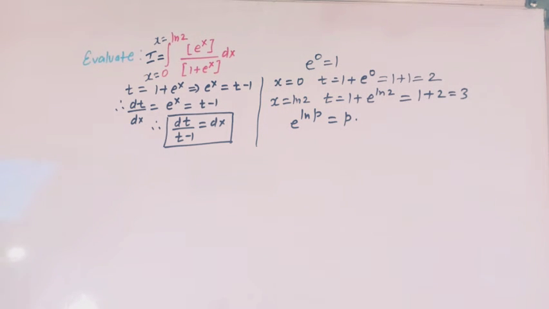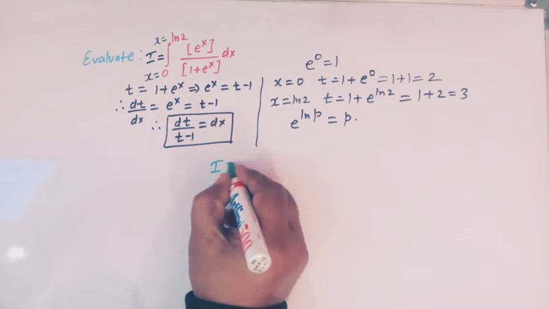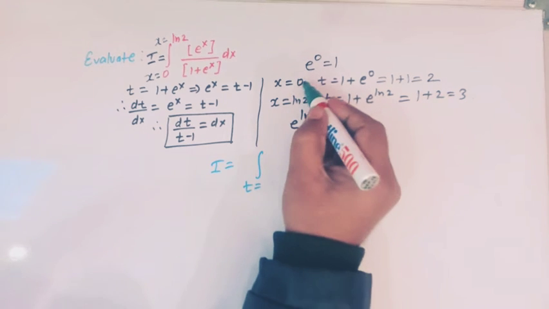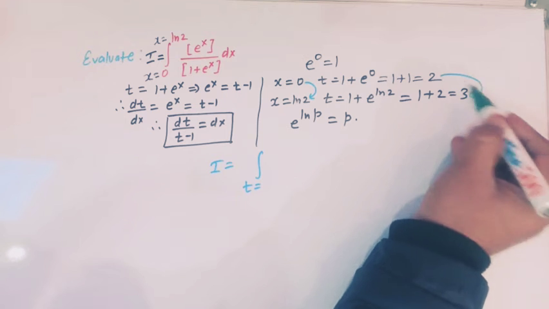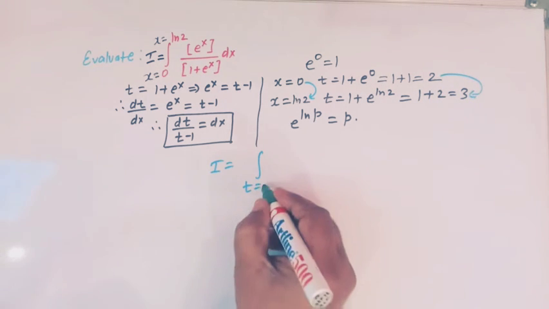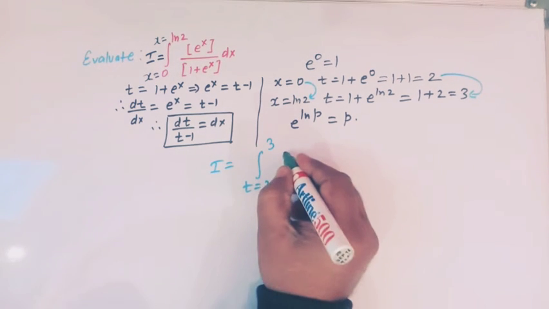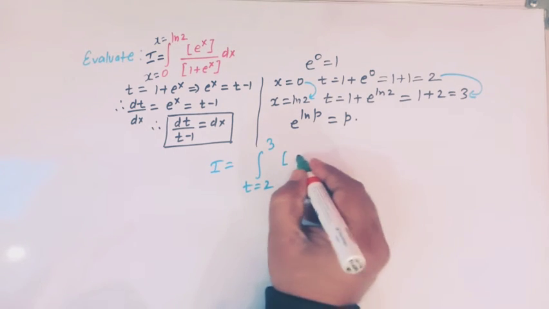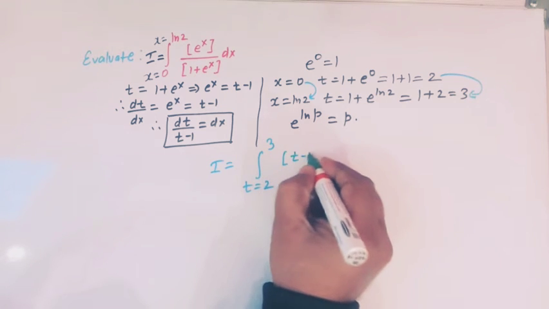Now we can write this integral I as the integral from t equal to 2 to 3, because when x varies from 0 to log of 2, t varies from 2 to 3. In the numerator we have the greatest integer of e raised to x, so for e raised to x we can write t minus 1.